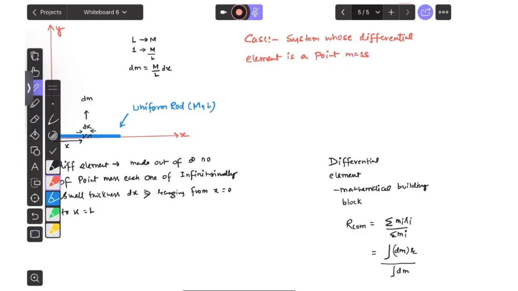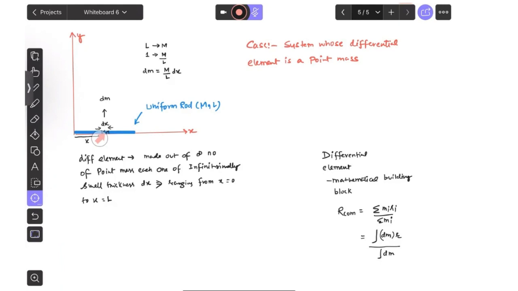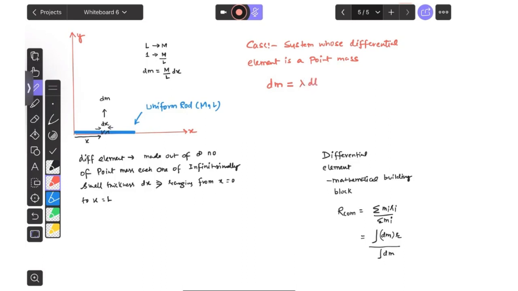So first of all, what we must do is get the mass of one of the differential elements, the way we selected one small strip of thickness dx at a distance x from the origin. So the dm, the mass of the differential element, is going to be equal to lambda times dl, where dl is the length of the differential element that we are going to select to integrate.